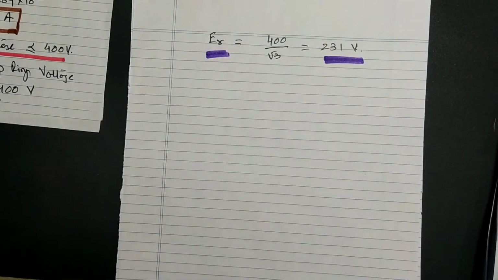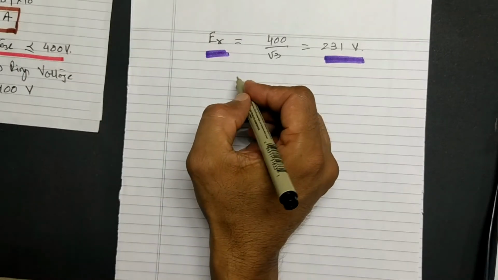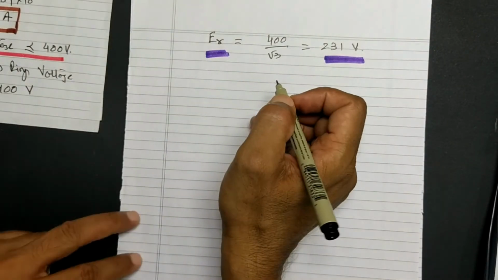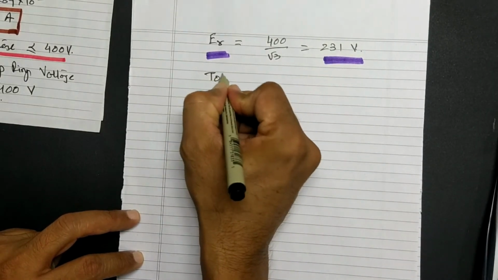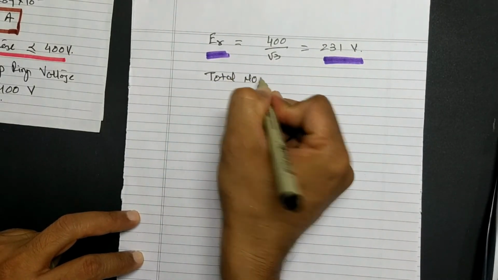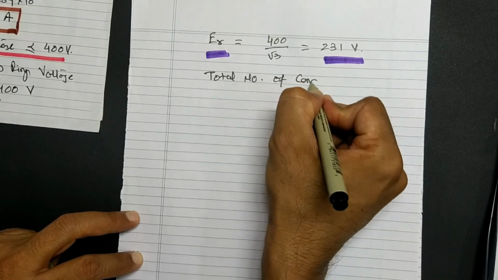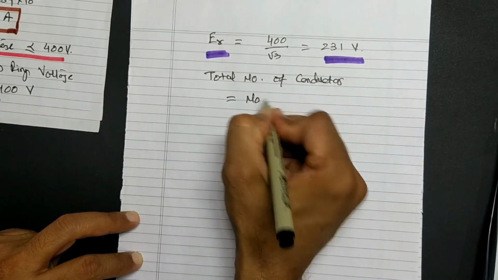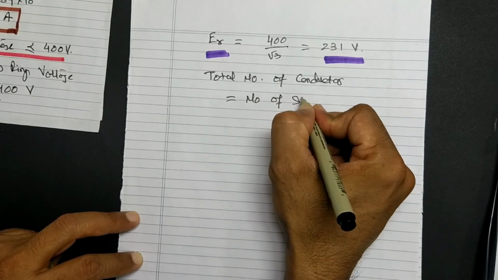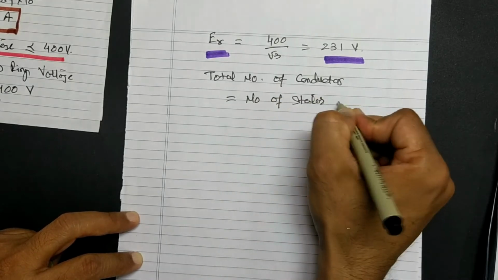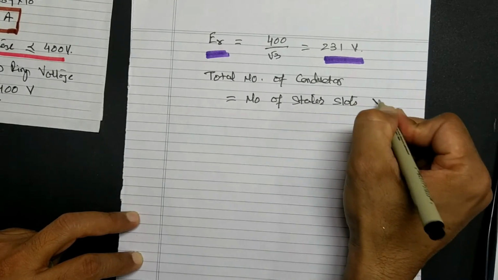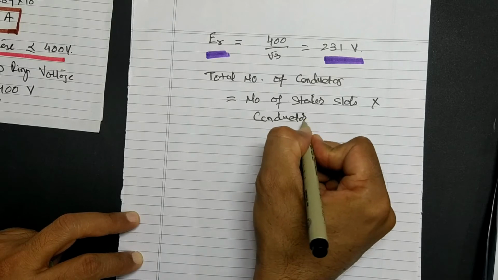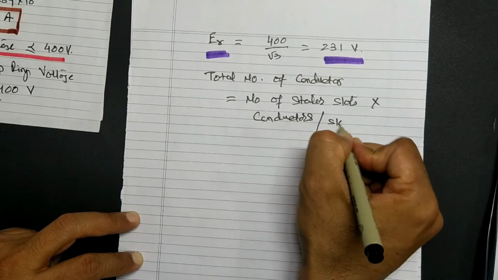Now our next step is to find total number of stator turns per phase. So total number of conductors is total number of stator slots multiplied by conductors per slot.